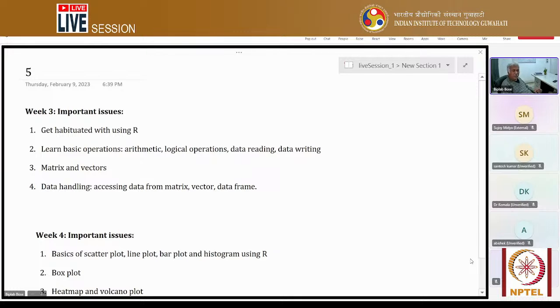That's why week 3 is focused on that. There we are learning the bare minimum essential syntax, essential functions, and the essential tools that you require to perform certain data analysis and certain machine learning techniques in the subsequent weeks.